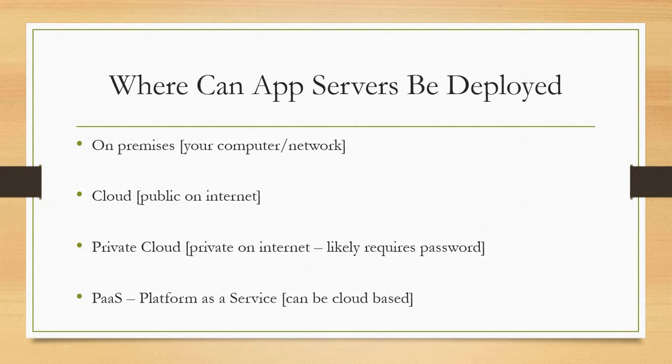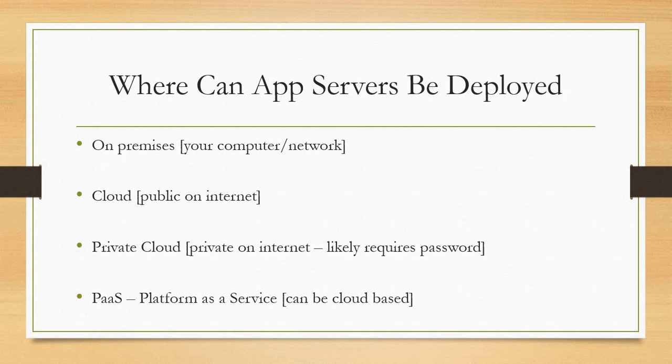So where can these application servers be deployed? On the premises, right from your computer or network. On a cloud, which is public on internet, available to anyone you provide access to. Private cloud, which likely provides or requires a password to access.